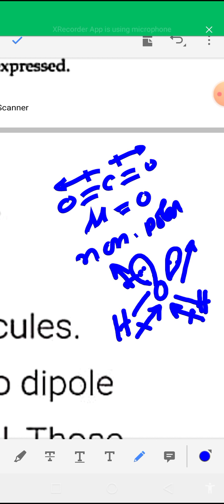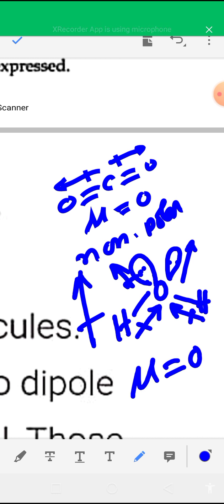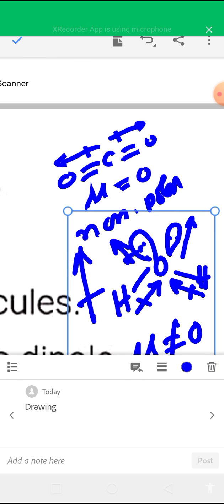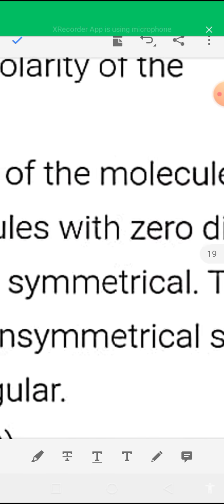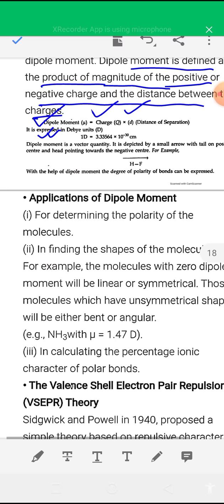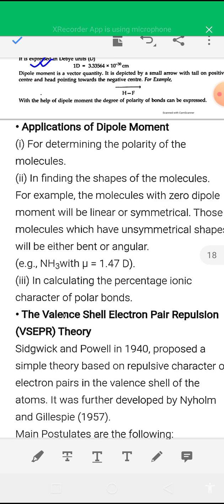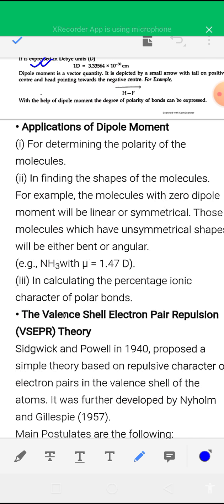So the net resultant dipole moment of this water molecule is positive, that is, not equal to 0, greater than 0. So water is a polar molecule, it has some dipole moment. Carbon dioxide is a non-polar molecule. So, application of dipole moment: using this term you can tell which molecules are polar and which are non-polar.